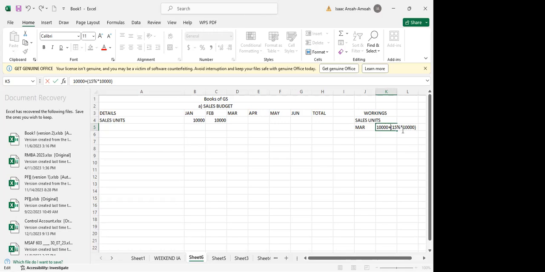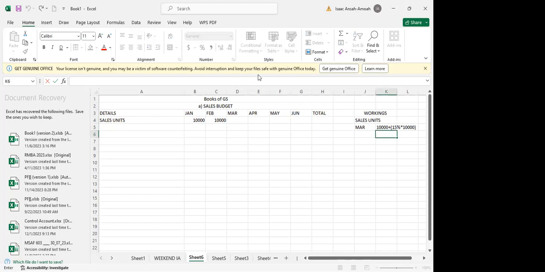So what do we get? 15% of the 10,000 gives how much? Whatever you get, you add to that. So I'm just going to work it out straightforward: 11,500.